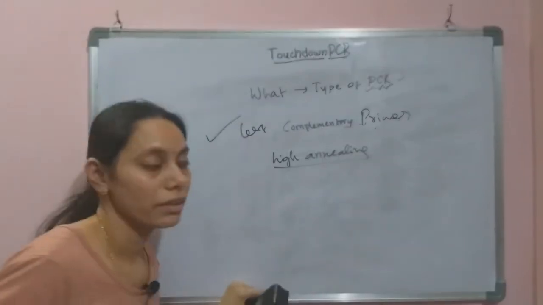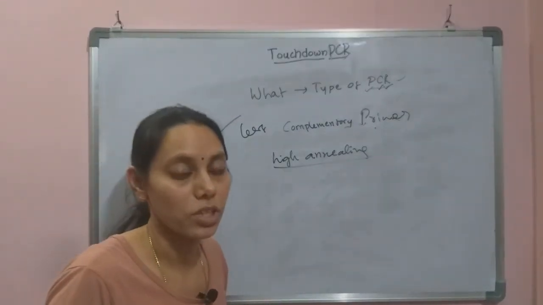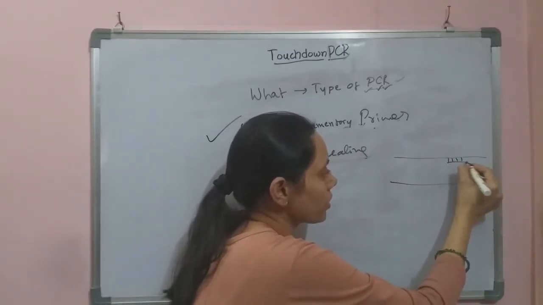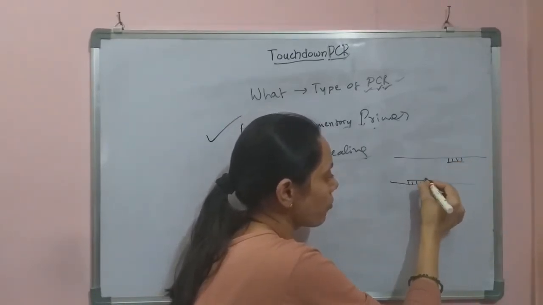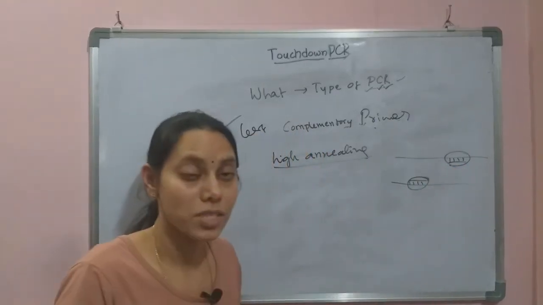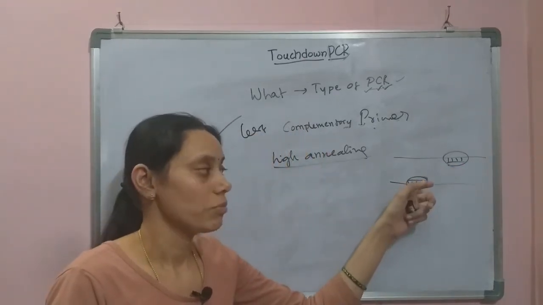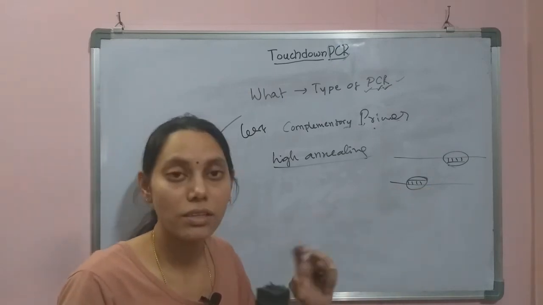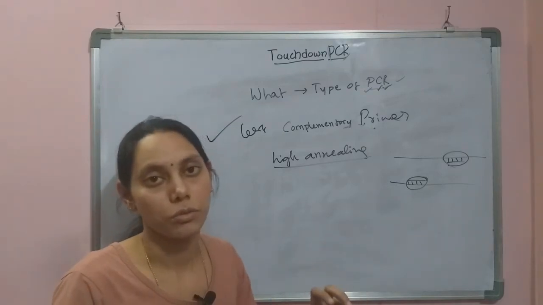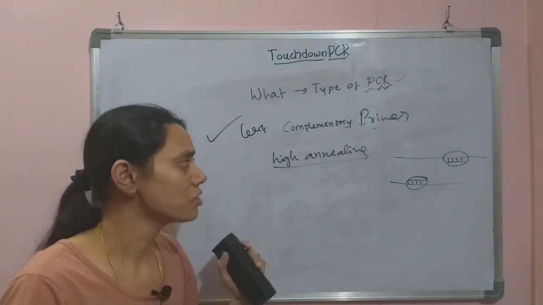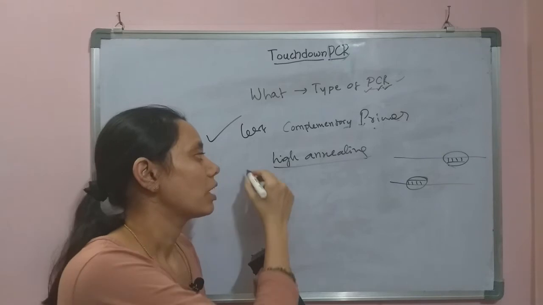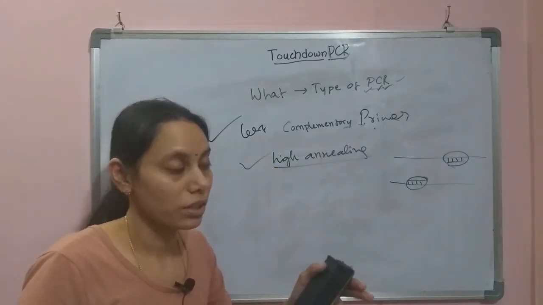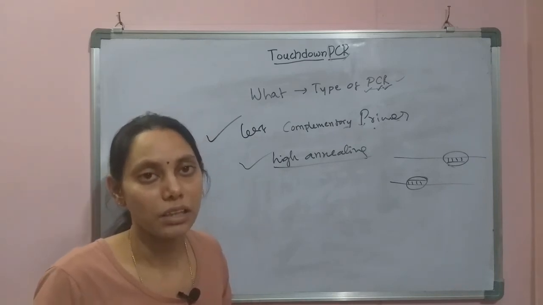Due to the high annealing temperature, more than its melting temperature, it ensures the binding of the complementary regions, so proper, perfect, stable binding of the primer to the target DNA is possible. Otherwise, if the binding is not proper, the reaction will stop. So the high annealing temperature will ensure specific binding between the primer and the target DNA.